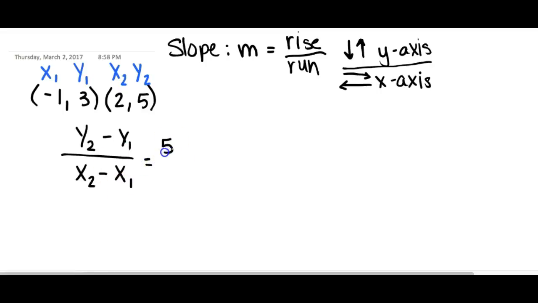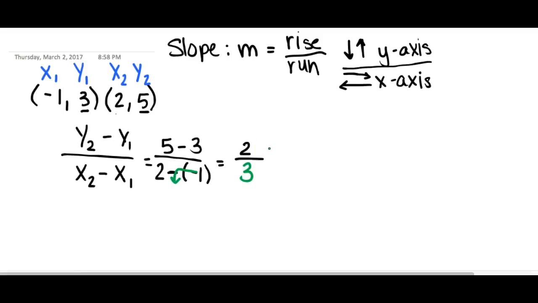So I want 5 minus 3, because I'm taking my y's, over 2 minus a -1. So be very careful. 5 minus 3 is 2. 2 minus a -1 is really a negative times a negative, so they cancel, and that becomes 2 plus 1, which is 3.